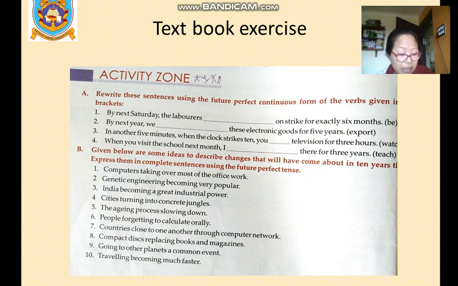Genetic engineering will have become very popular, because we are showing that the action will be completed, right? Number 3, India becoming a great industrial power. India will have become a great industrial power. So children, I would leave the remaining sentences for all of you to do as homework.